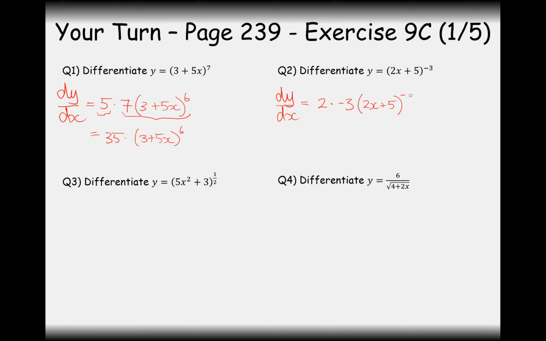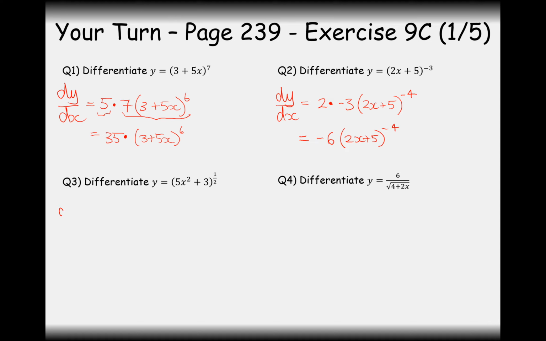Now I've got to reduce the power by 1, so it's now minus 4. The little dots that I'm using here look like decimal places. I'm just preferring to use dots rather than multiplication symbols, so don't worry about these dots, they are multiplication symbols. So tidy up the front, and we're going to get minus 6(2x plus 5) to the power of minus 4.